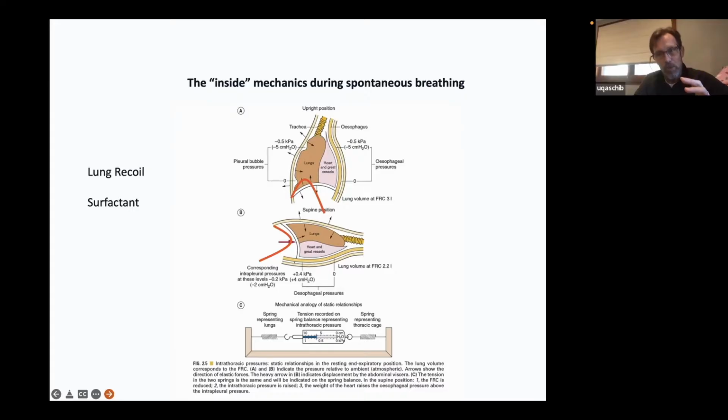We need to keep in mind that during normal breathing, the diaphragm is pulling more in the dorsal aspects of the chest, and you can imagine that's probably where more volume change is going to occur.